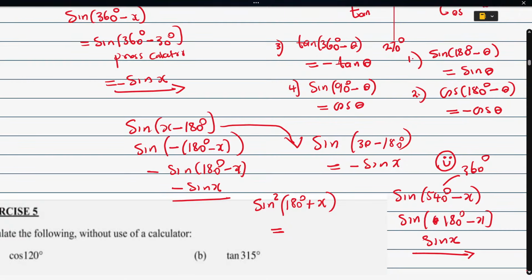When there is a squared, the answer will always be positive. So the answer for this one will be sine squared x. No, it can't be negative. It should be sine squared x.